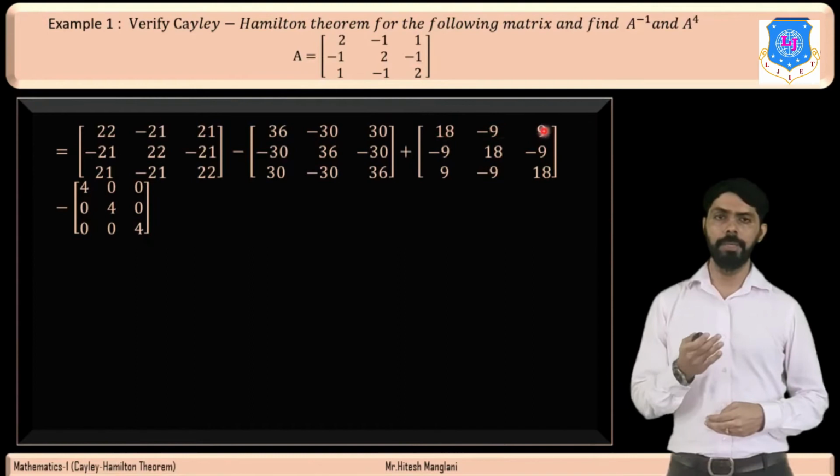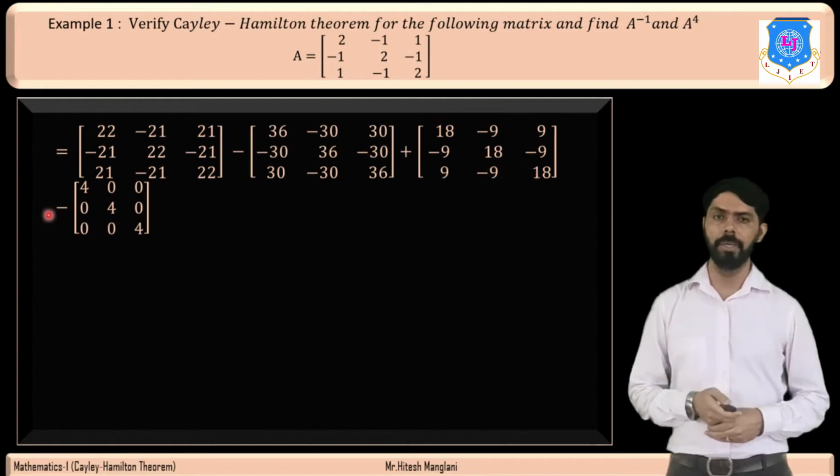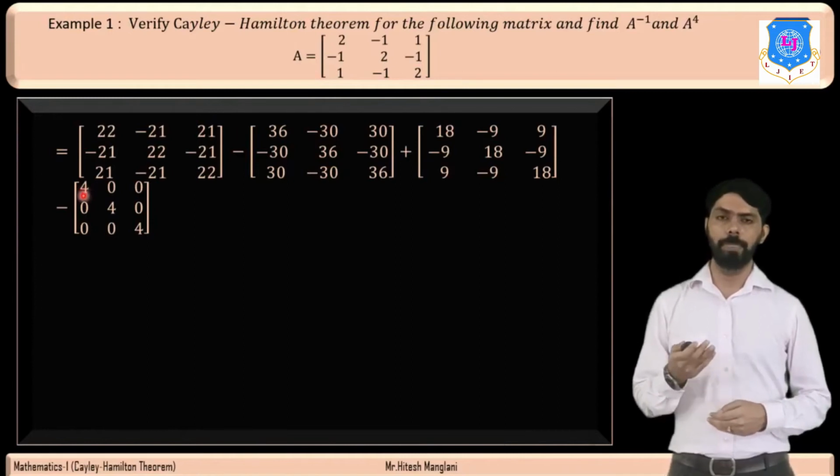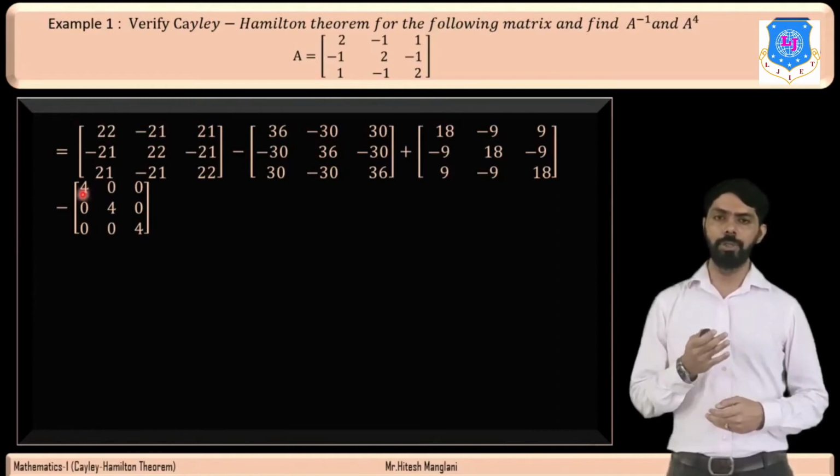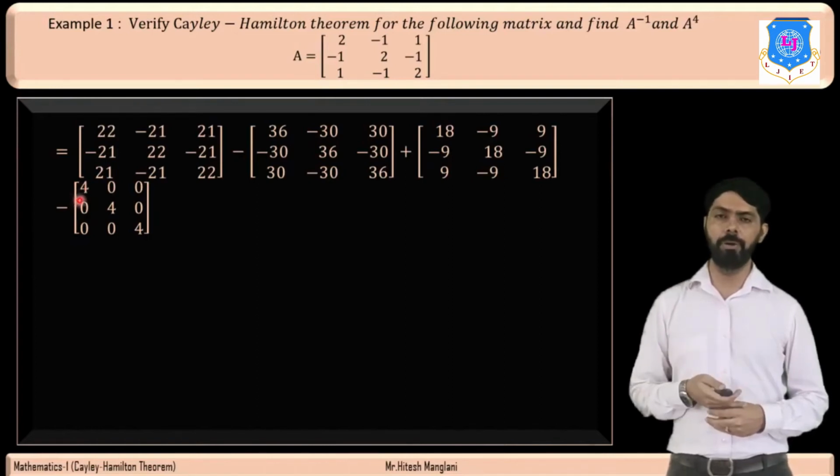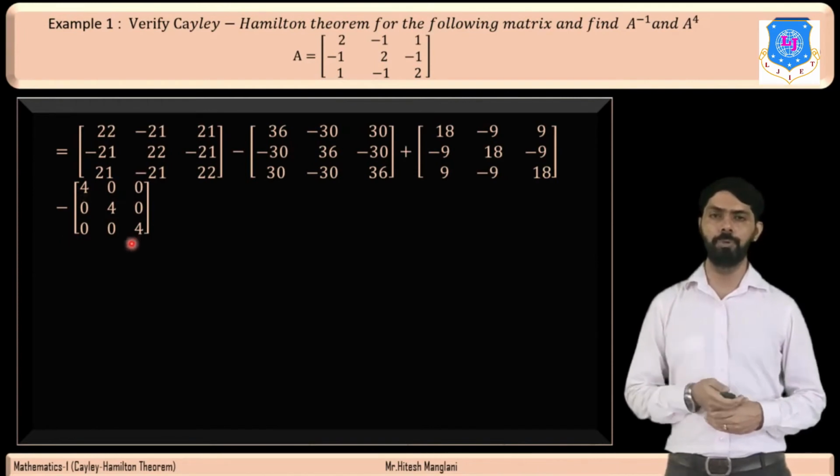So it will be [18 -9 9; -9 18 -9; 9 -9 18]. Then after minus 4I, and I is identity matrix of order 3. So it will be [1 0 0; 0 1 0; 0 0 1], but here we will have to find out 4I. So it will be [4 0 0; 0 4 0; 0 0 4].